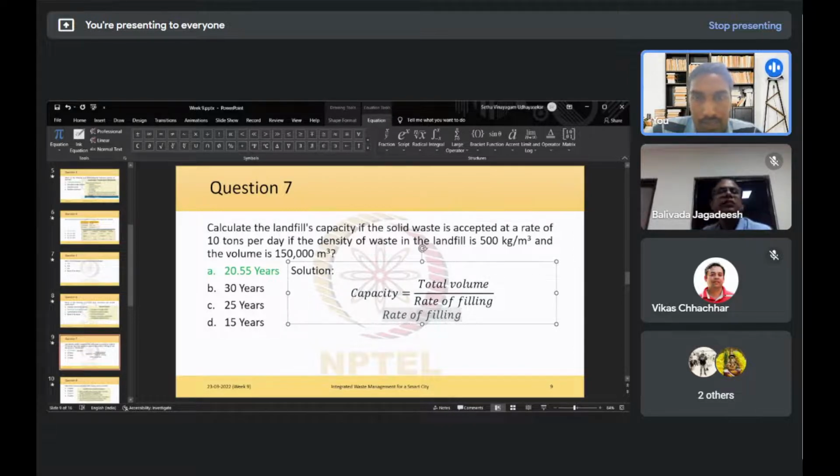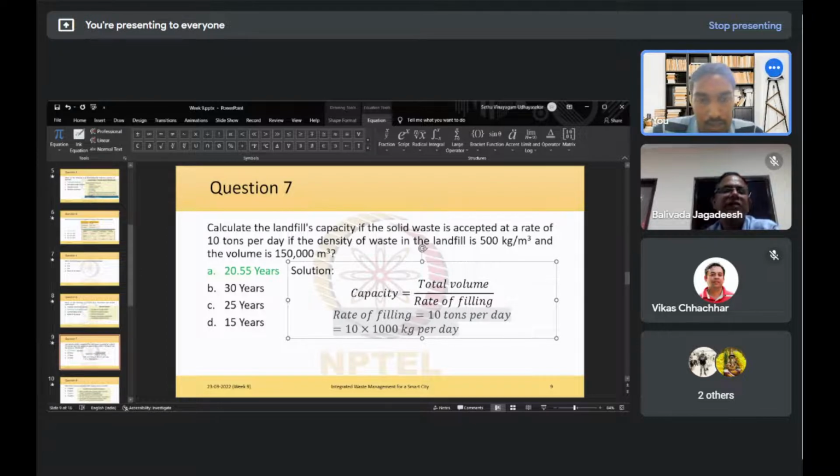Rate of filling is given as 10 tons per day, which is the same as saying 10 times 1000 kilograms per day, since one ton is 1000 kilograms.